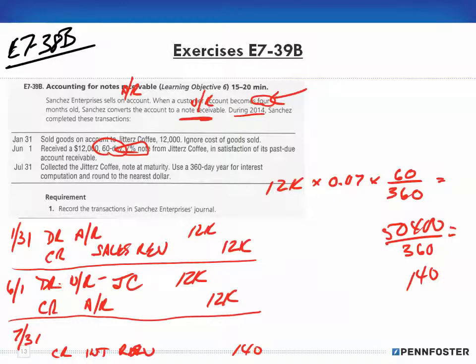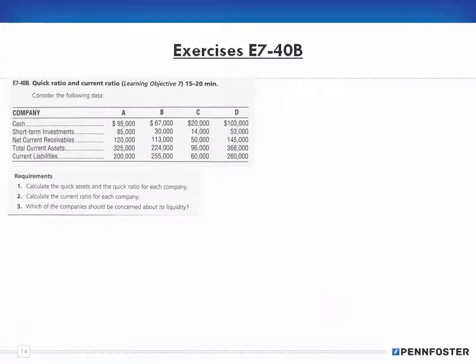We know we're reducing the note receivable to 0, so we're going to credit our note receivable, Jitzer Coffee, for $12,000, and we're going to receive cash, so debit our cash for $12,140. Those are the 3 entries for this exercise. All right, moving on.